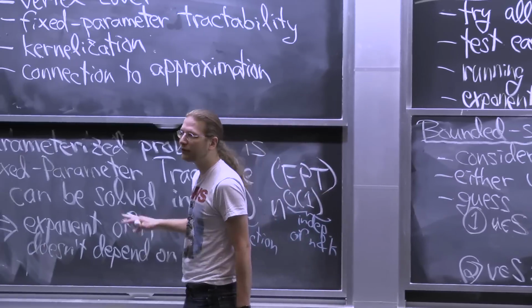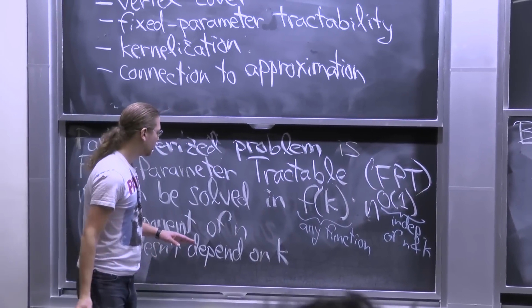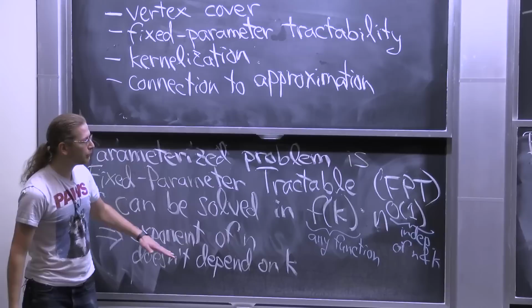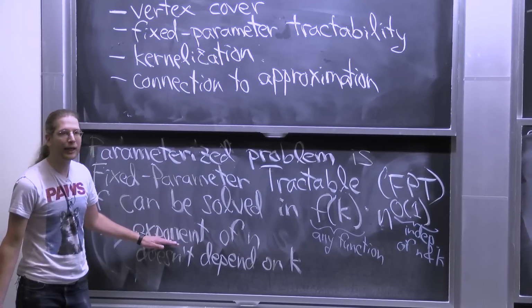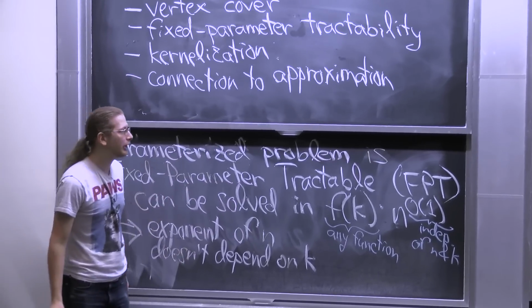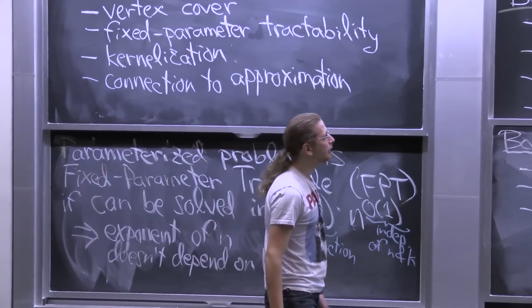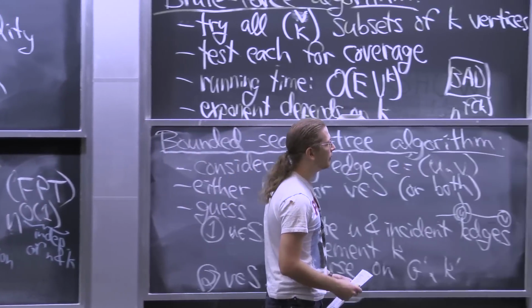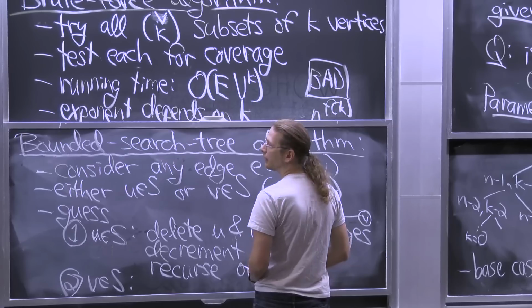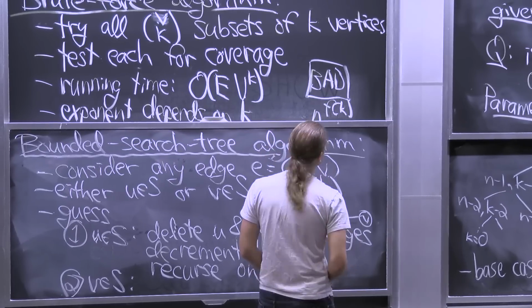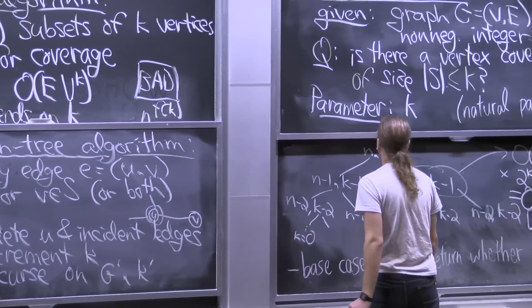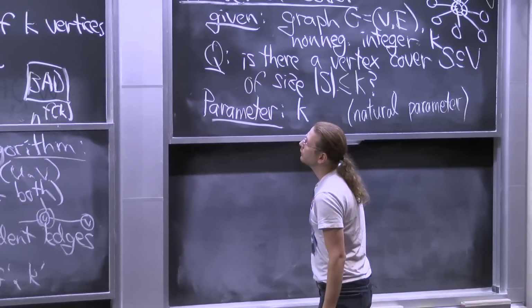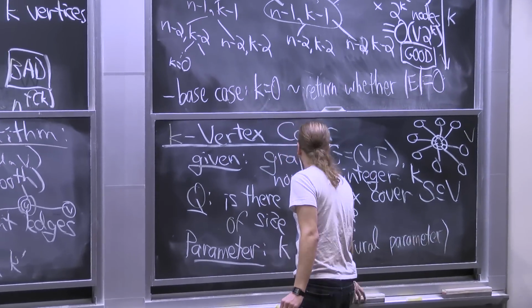So this definition is nice. It's natural in the sense that it distinguishes between the exponent of n depending on k and not depending on k, which is a natural thing to do. But there's another natural definition of fixed parameter tractability. So let's look at vertex cover.